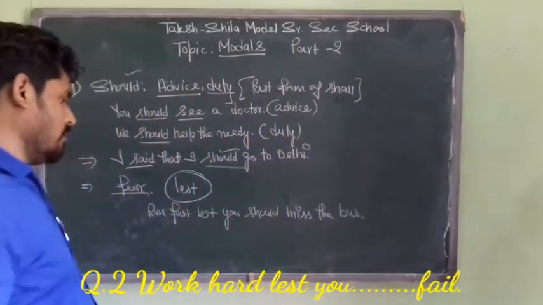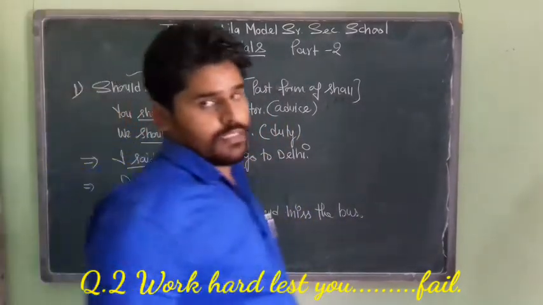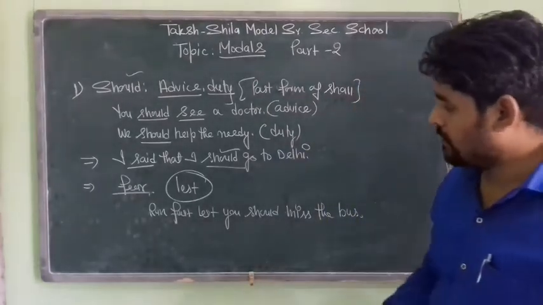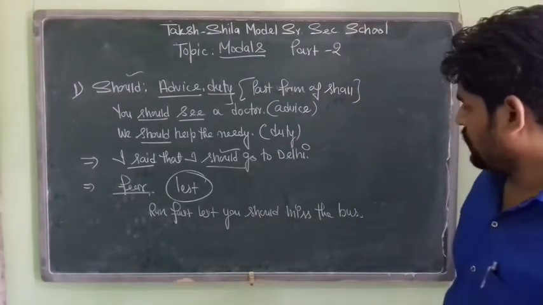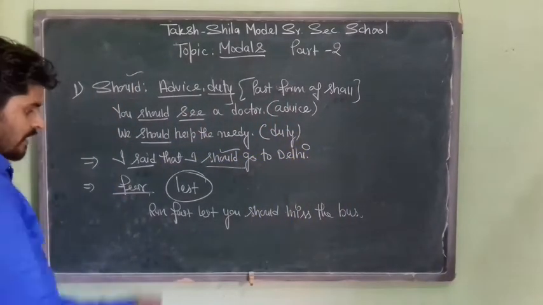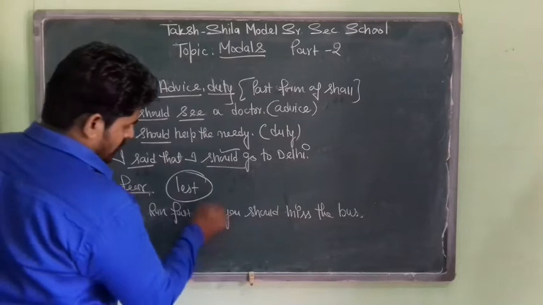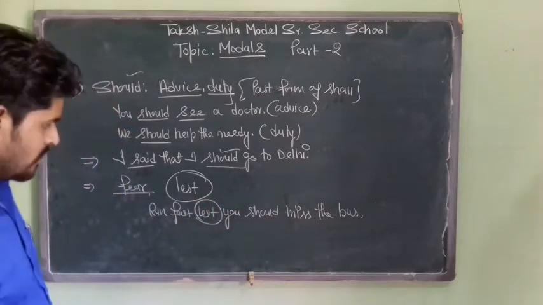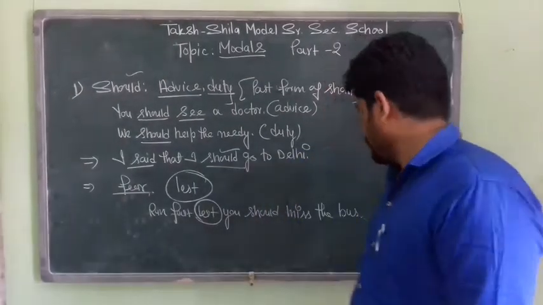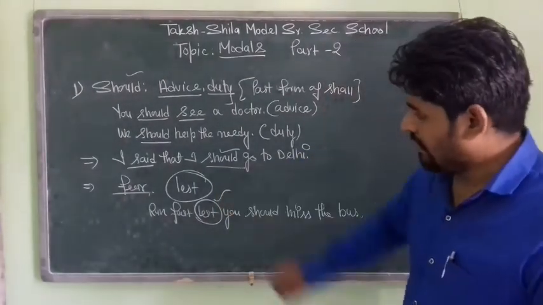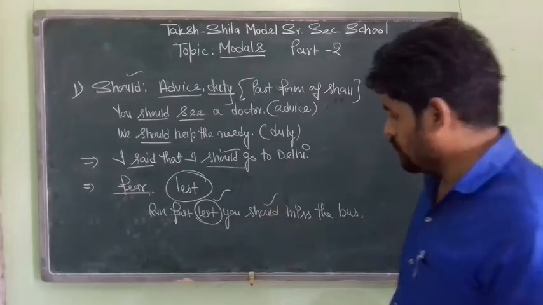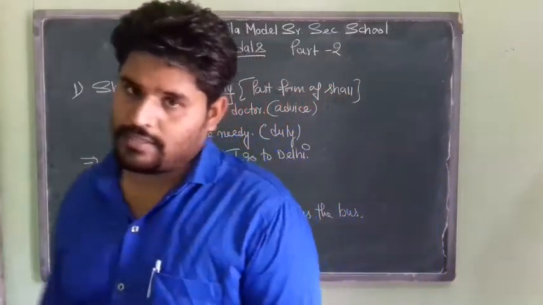Maybe the person is about to take a bus, and he knows that he is already late, and that is why somebody is saying to him, run fast lest you should miss the bus. So here certain fear is expressed by the speaker, that if the person does not run fast, it is possible that he might miss the bus. So lest here just shows fear, and we use should in such a sentence.